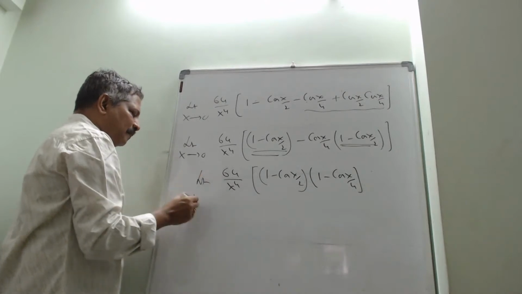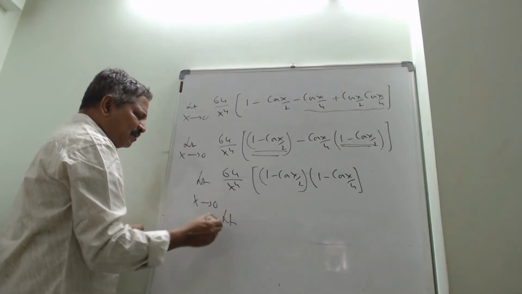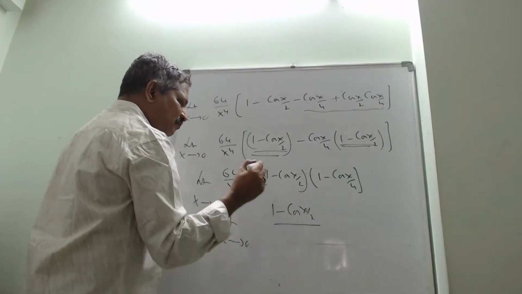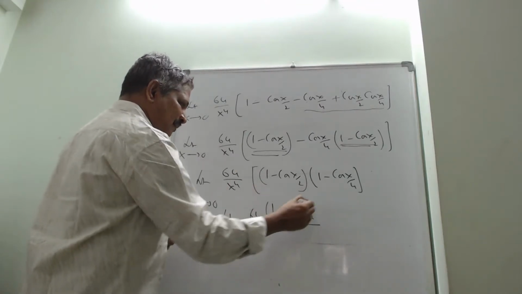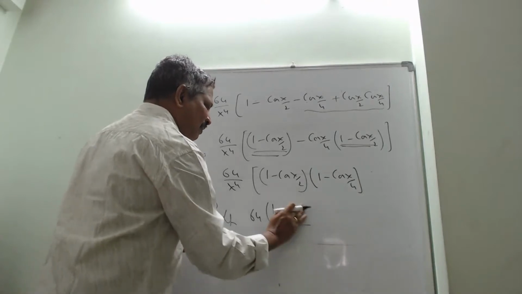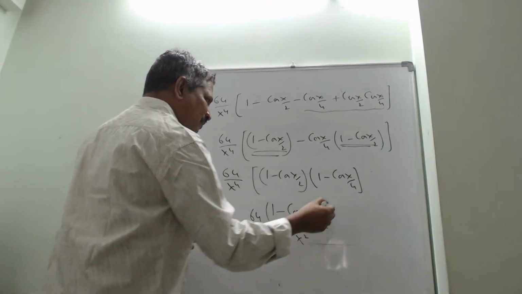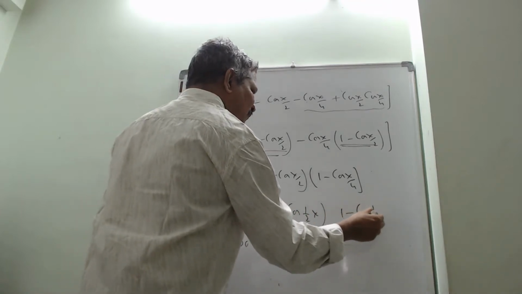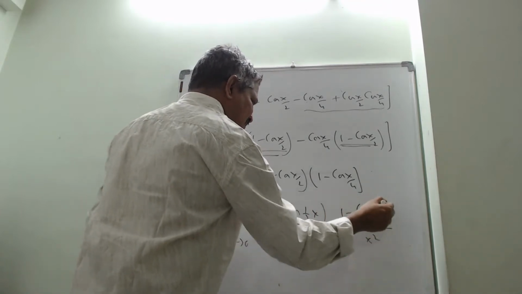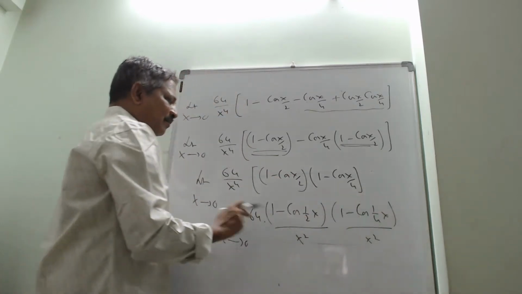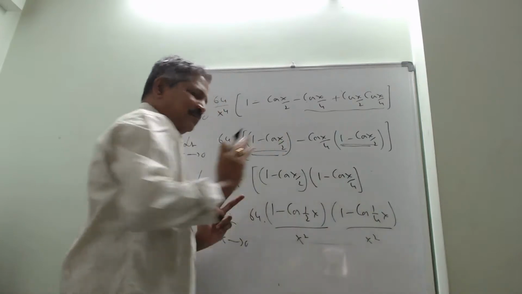Now, next step, limit x tends to 0, 1 minus cos x by 2, 64 keep aside. Better, I will write 1 by 2 into x by x square, 1 minus 1 by 4 into x by x square. See here, this bracket is like x power 4, x square into x square.